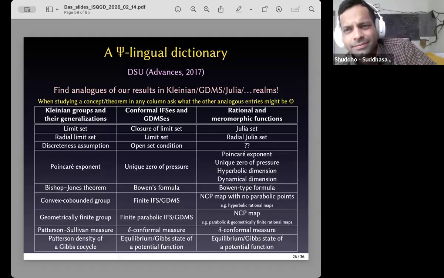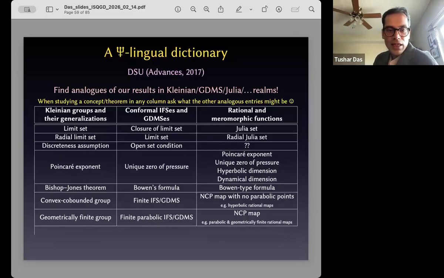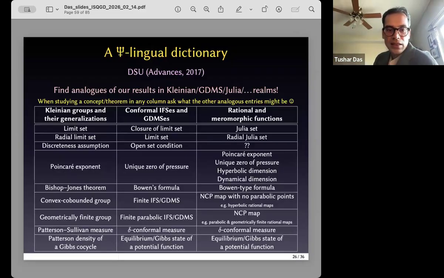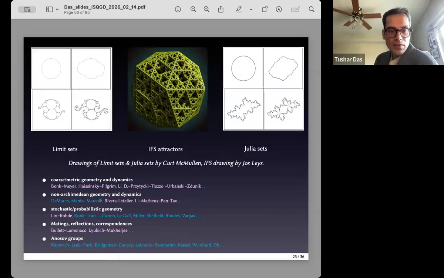I think that if you don't like continued fractions, but you like dynamical systems that give you Julia sets or Kleinian group limit sets, there's a lot of work to be done to get similar expansions in these settings. There's some initial work that's being done here by these authors right here, but there's a lot more to be done.